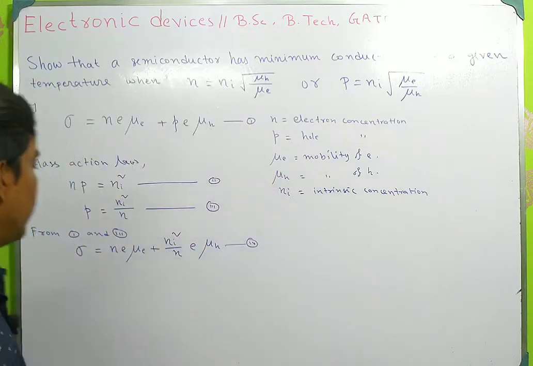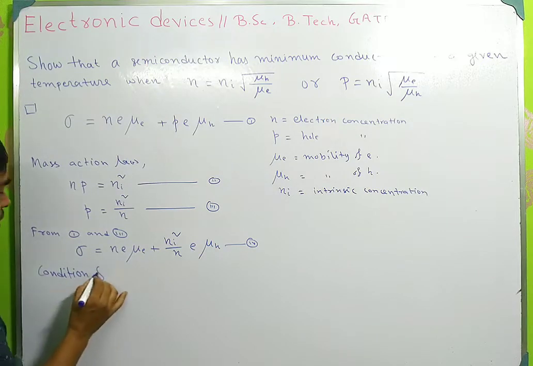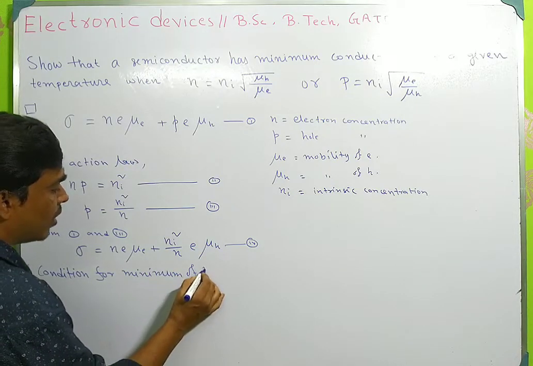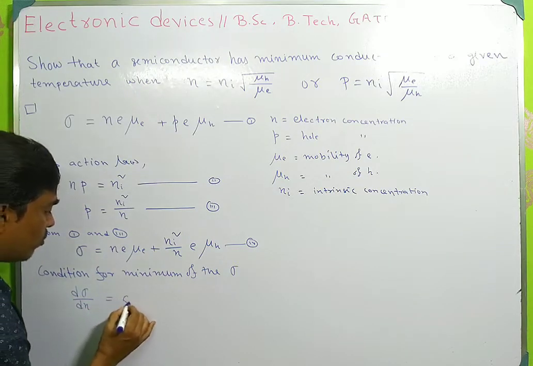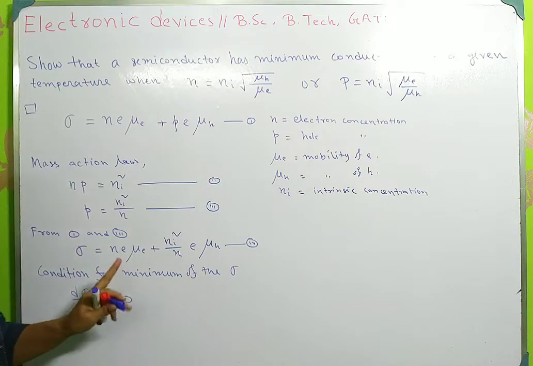So what is the condition for a function to be minimum? The condition for minimum of the function sigma is that the first derivative with respect to the negative concentration of this semiconductor, d sigma by dn, must equal 0. This is the condition that a function should be minimum.